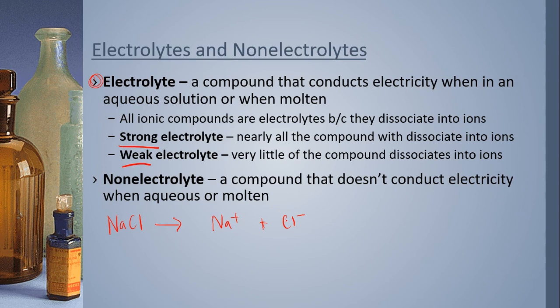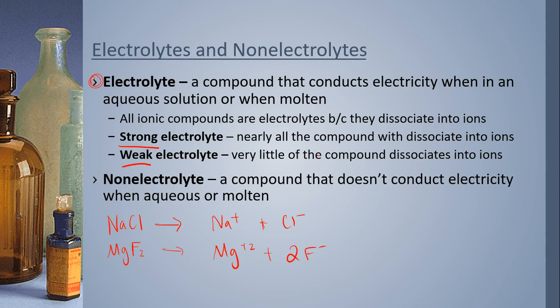Well, these are ions, so strong electrolytes break apart completely like this. And remember, if it had coefficients or subscripts like this, that those turn into coefficients, that this would dissociate into Mg plus 2 and 2 fluorines. And so basically, whenever it breaks up into a lot of pieces like this, that makes it a strong electrolyte. Those things conduct electricity really well.